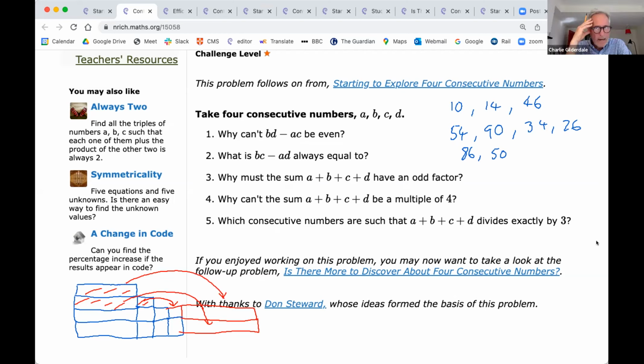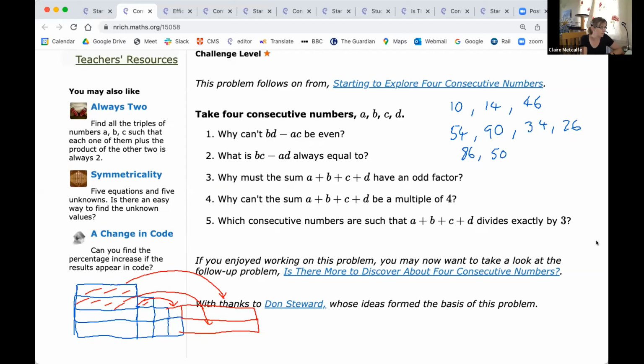Okay, so you had an n plus 1, n plus 2, n plus 3 all in blue. And then on the bottom row, you've added n to n plus 3, and you've added n plus 1 to n plus 2.